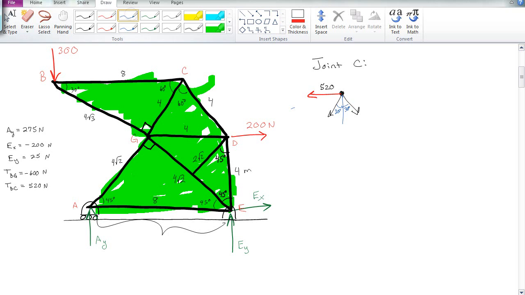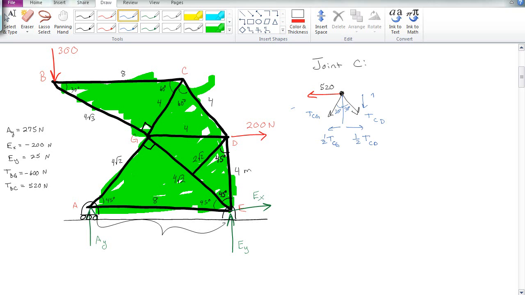So I have TCG and TCD. That means that the opposite is 1/2 of that, so I'm just going to draw in TCG. So this way is 1/2 TCG, and this one is 1/2 TCD.